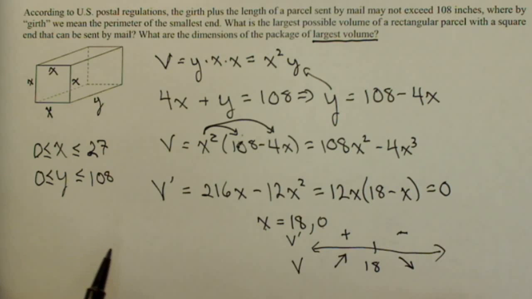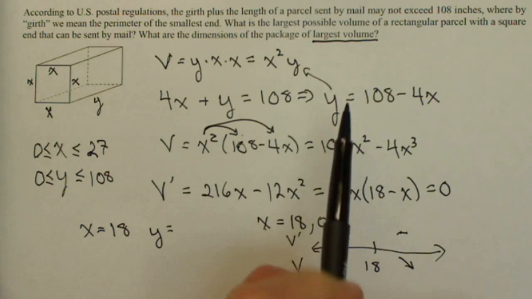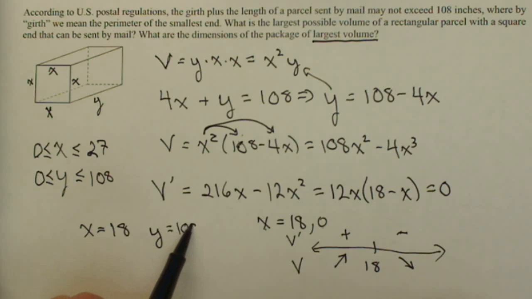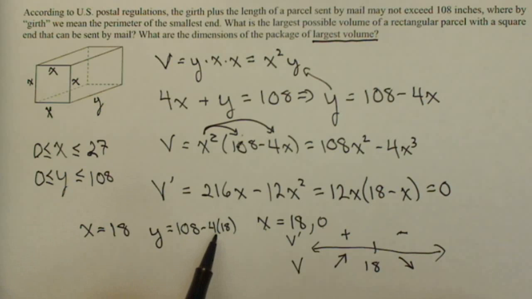Now, let's find out what that maximum possible volume is. Well, we know that x has to be 18. And then the corresponding y, remember we got an equation for y here, is going to be 108 minus 4 times 18, which equals 36 for our y.